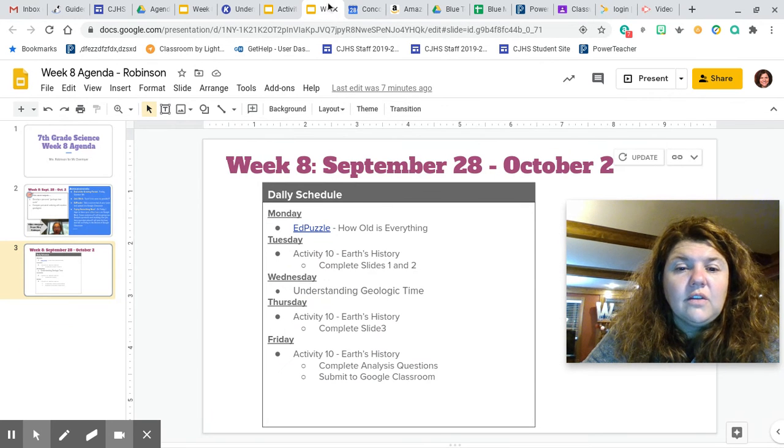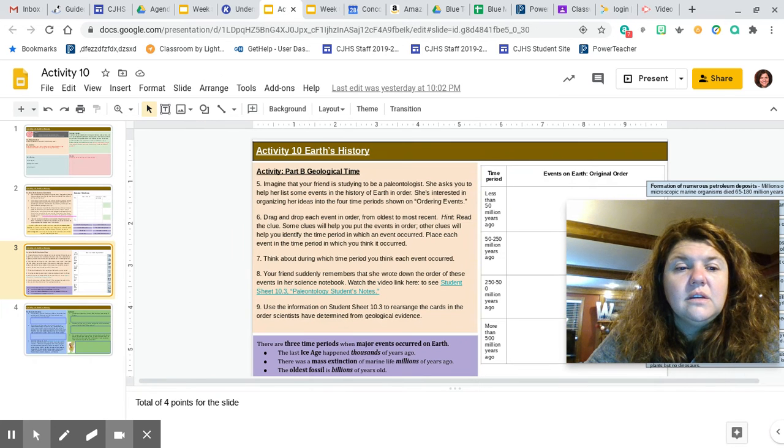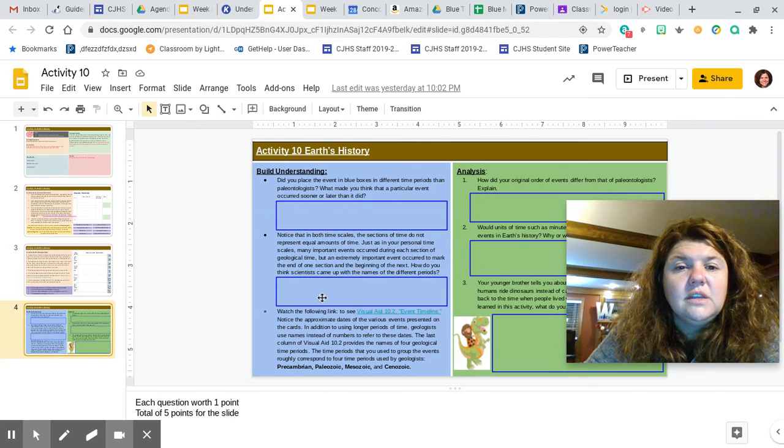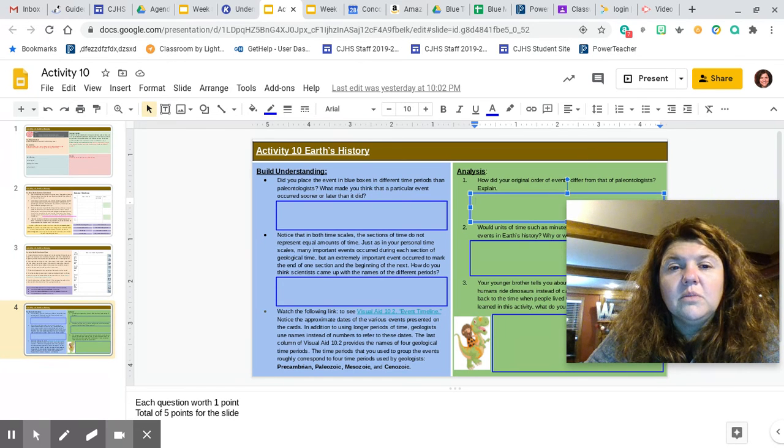Then finally on Friday, you are going to finish up activity 10 by completing the analysis questions. There are a couple of building understanding questions here that I would answer, and then I would answer these 3 analysis questions by typing your answers directly here into the blue box.